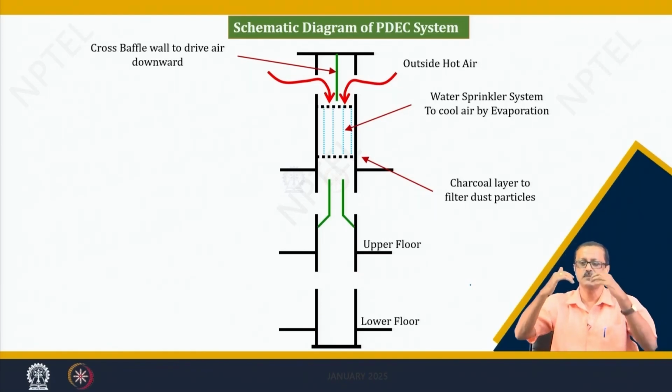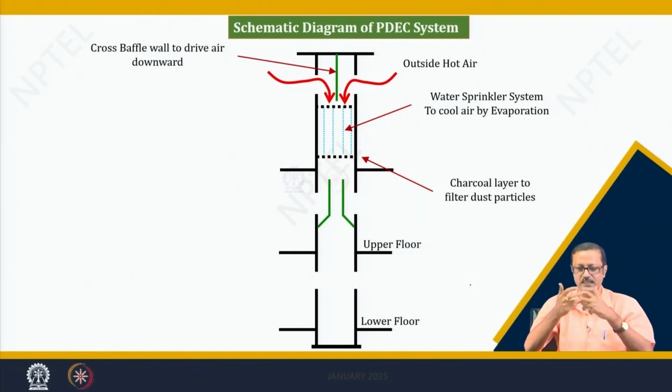So, imagine that this hot air is passing very slowly through this honeycomb structure, which is wet with water. It takes up the moisture from the wet wall, and it cools down by virtue of evaporative cooling.